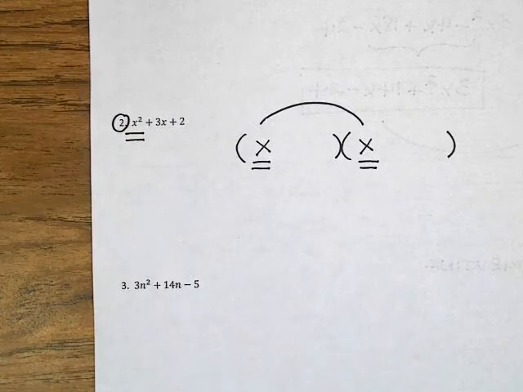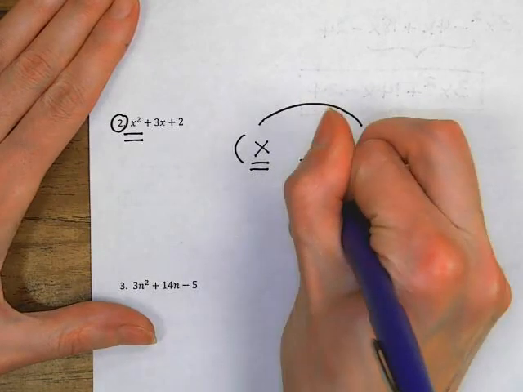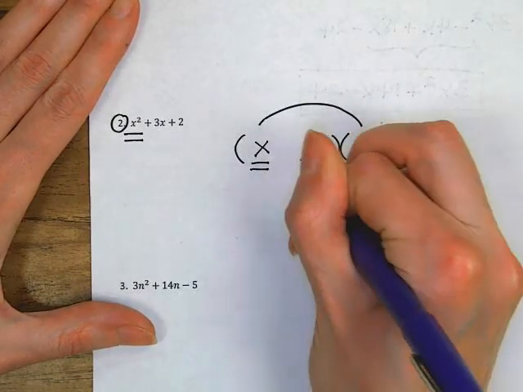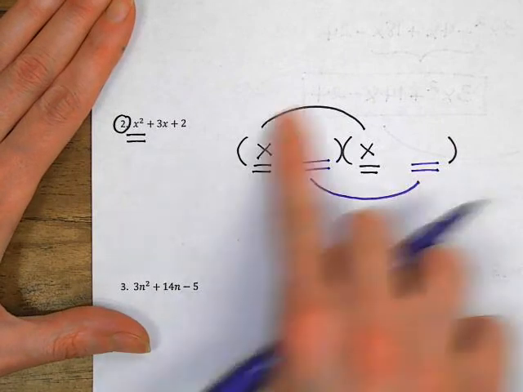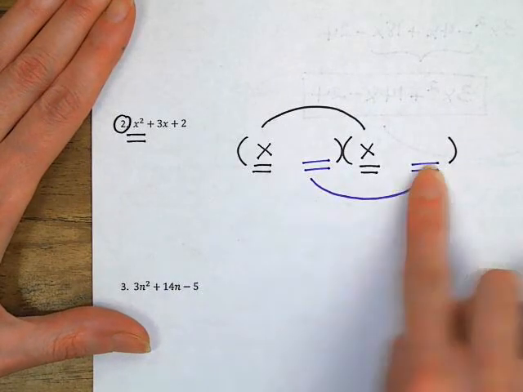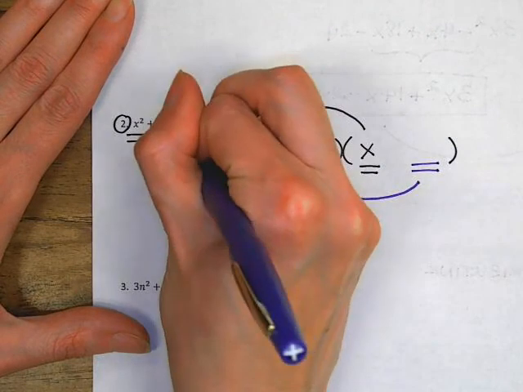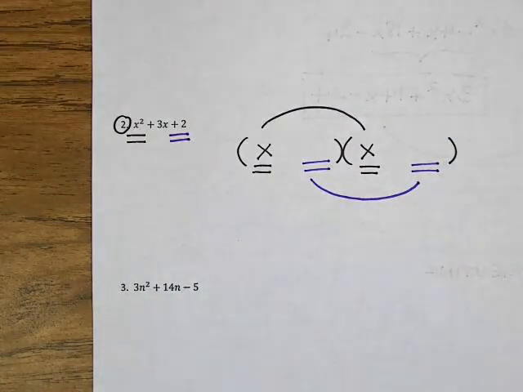Okay, and then similarly, let's do the last number. This one times this one would end up being the last terms in each one. They would have to multiply to 2. So what are some ways to multiply to 2? Doesn't it have to be 2 and 1, right? Or 1 and 2?